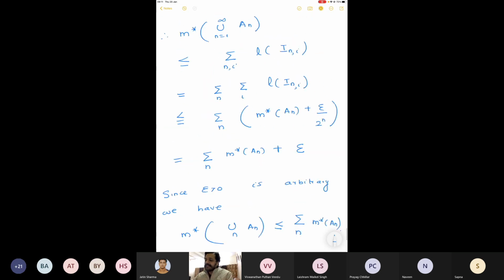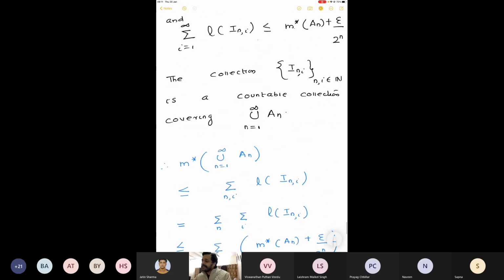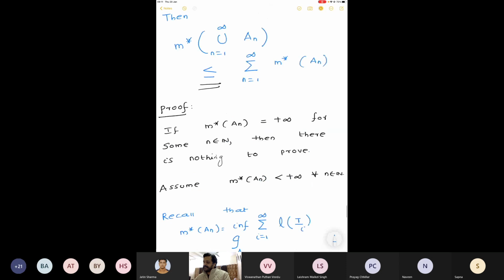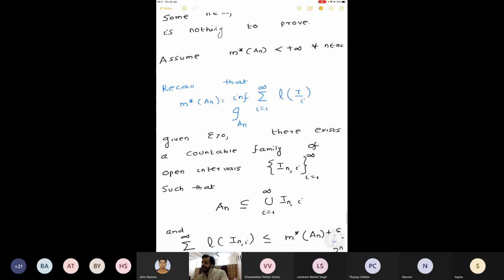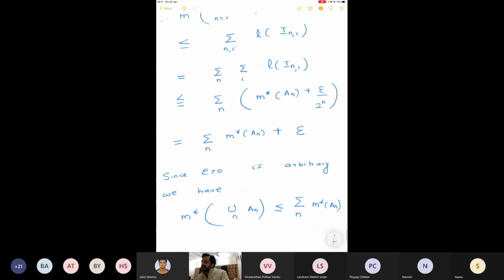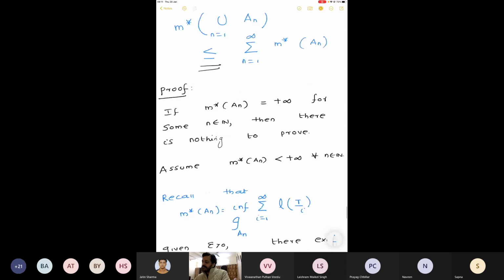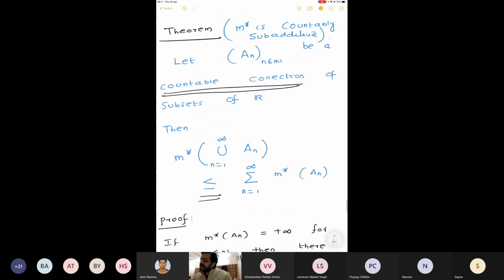Here I have not taken disjoint. So you may feel that may be the culprit, or the reason for getting this only as less than or equal to. Okay. So your expectation may be that if I would have started with a countable disjoint collection, then m star of the union of A_n will become equal to the sum. That is the expectation. We will see whether that will be true or not.